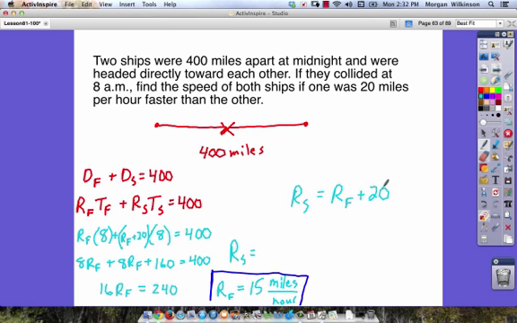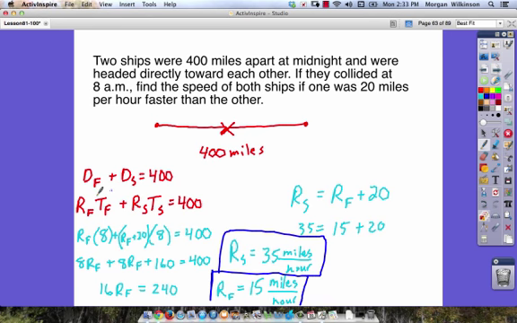Please show your work so you can look back if that were ever to happen to you. So we're going to get 15 plus 20. That equals 35. So we've got our second answer. The rate of the second ship must equal 35 miles per hour. Let's box that one, make it clear that that's our second answer. And we're all done with this problem.